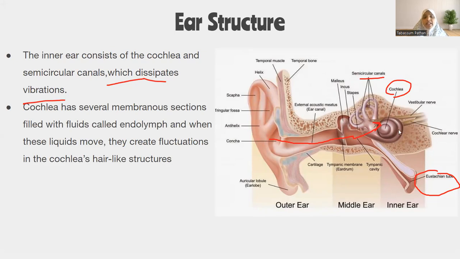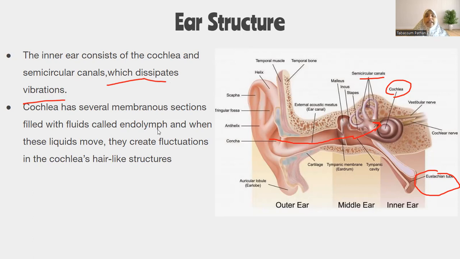This cochlea, you see, is just like a snail's shell, a bony structure with a spiral shape. It has several membranous sections with fluid in them. This fluid is known as endolymph.